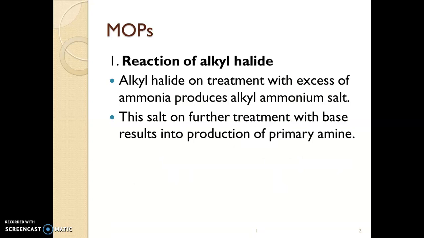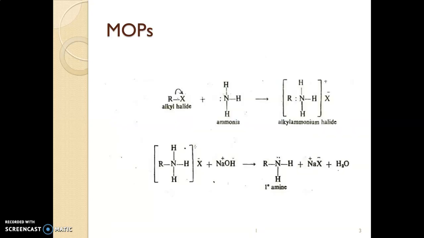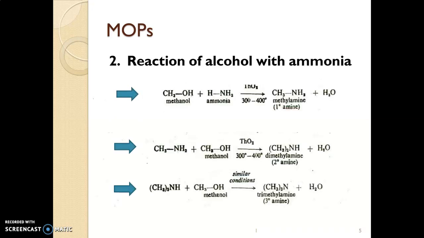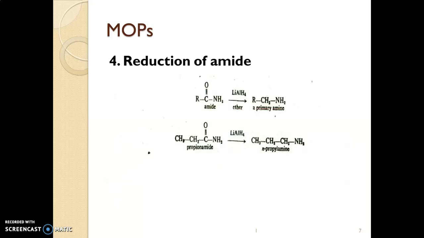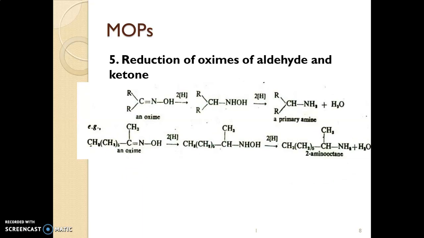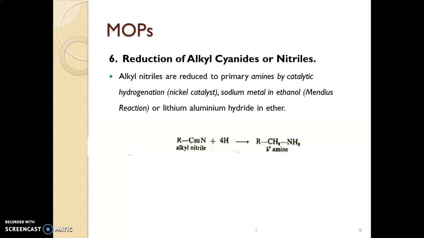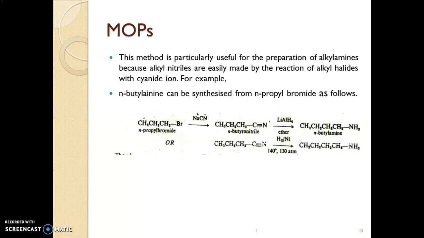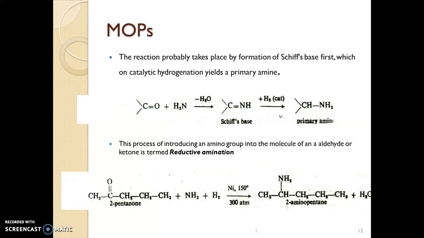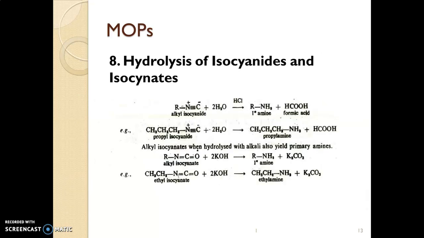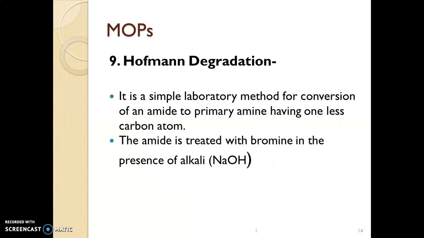First reaction is reaction of alkyl halide, then reaction of alcohol with ammonia, then reduction of nitroalkane, reduction of amide, reduction of oximes of aldehyde and ketone, reduction of alkyl cyanide or nitrile, reductive amination of aldehyde and ketone, hydrolysis of isocyanide and isocyanates, Hofmann degradation.